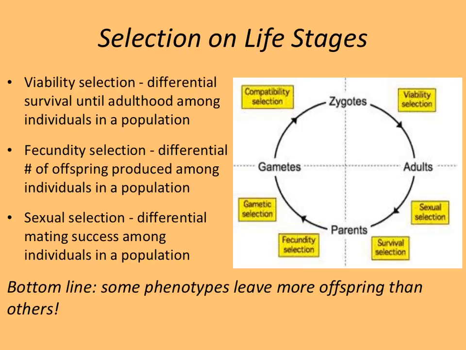Selection has acted on it. The same thing goes on even after it divides as an embryo. If at a certain point the embryo has a mutation in it that causes it to die, that's selection as well.